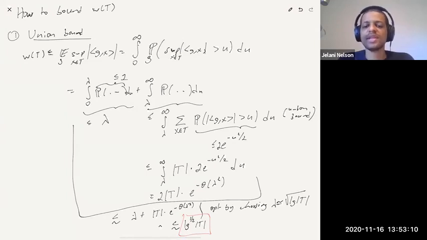It's not tight when the vectors are not orthogonal. The extreme case is that all the vectors are the same. If all the x's are the same, then of course a union bound is wasteful, because if one random variable is small, they're all small because they're the same.